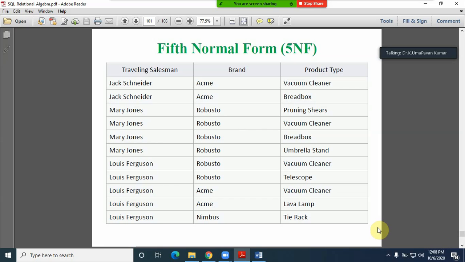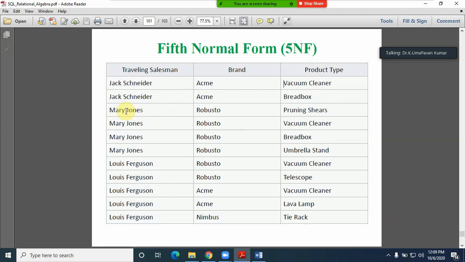If you are referencing, friends, you can easily observe, if I am considering one salesperson, he is selling multiple brands actually. This Jack is selling the ACME brand, and related to this particular brand, vacuum cleaner and all the other kinds of products would be there.